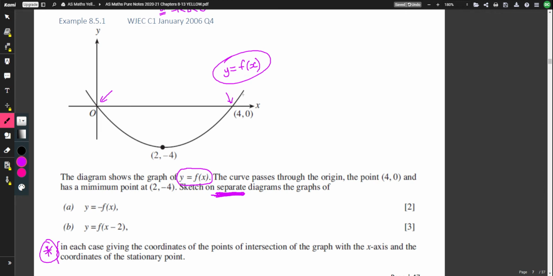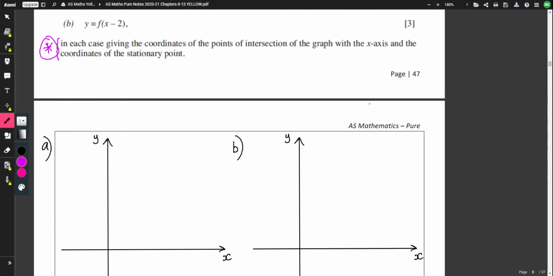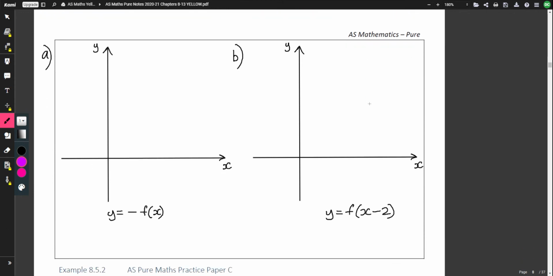So the y values on the graph are going to be multiplied by -1. Those that used to be y are now going to be minus y or negative y. This is going to be a reflection in the x-axis. So the points that used to have positive y values are now going to have negative y values, and vice versa.